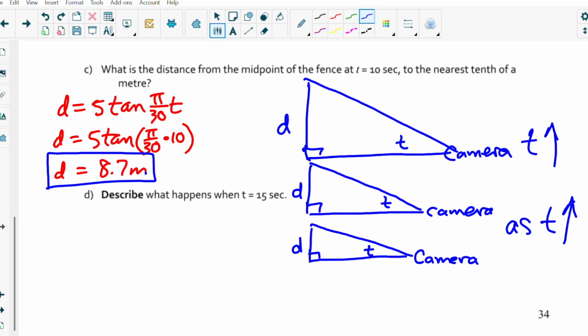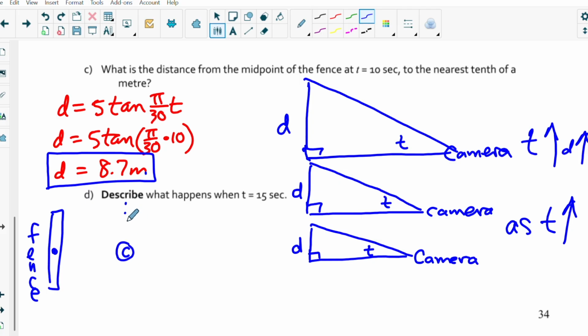As t increases, d also increases. But if we think about it this way, I'm going to draw the fence here.